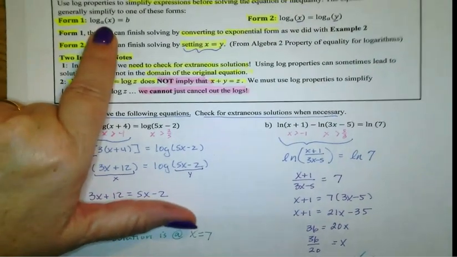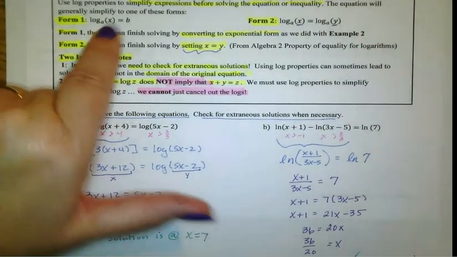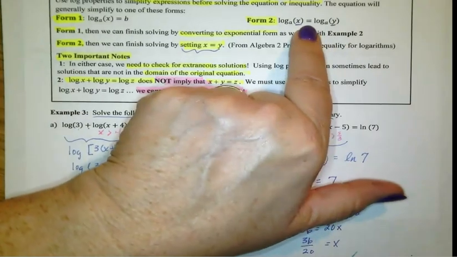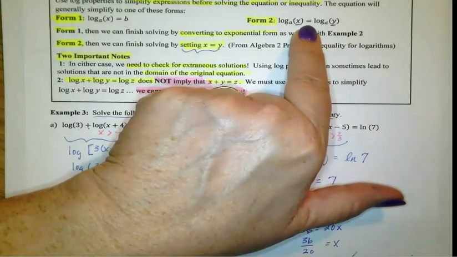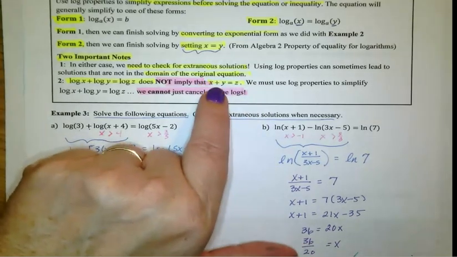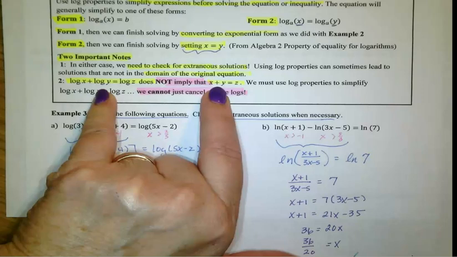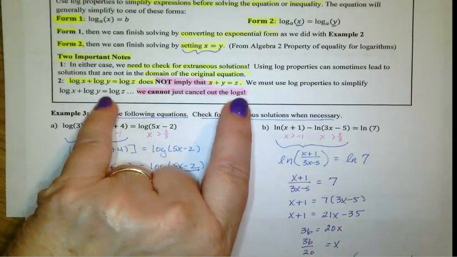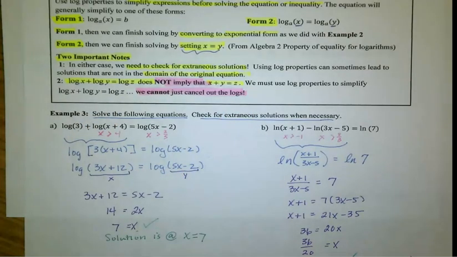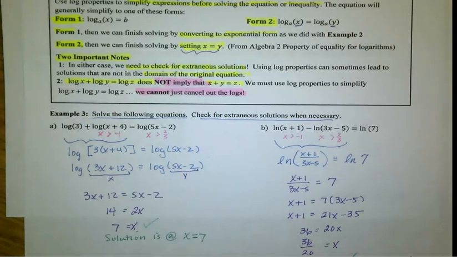It's either form one, where you can condense it down to be a single log, or you can condense it down so there's a single log on either side. We're not going to fall into the trap and think that we can just mark out these logs just because they happen to be the same. And we remember that we are going to have to check for extraneous solutions whenever we solve.